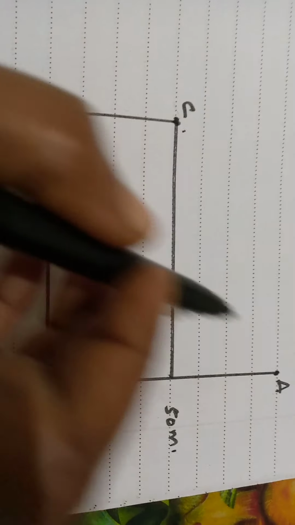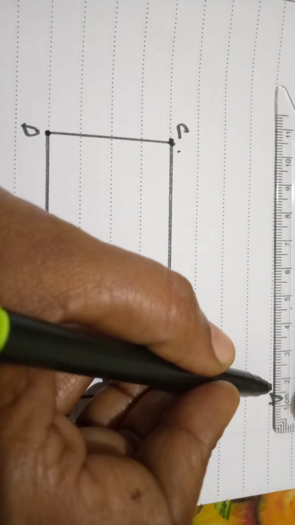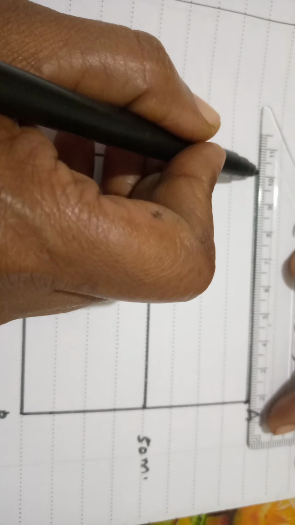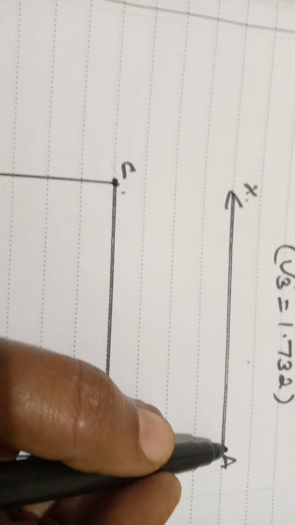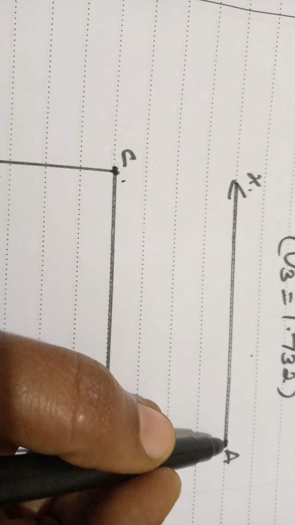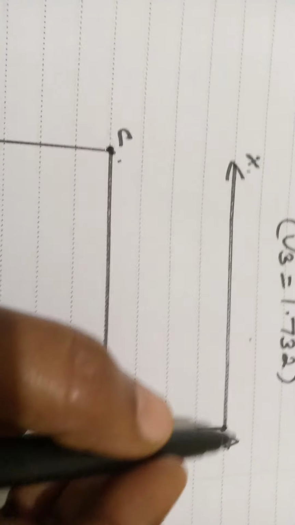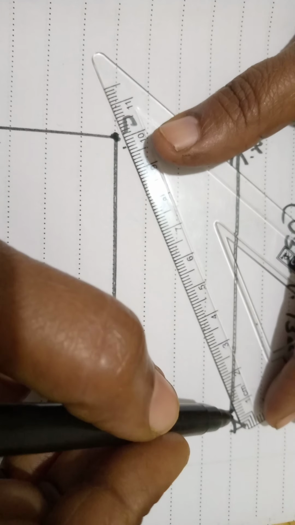From the top we have to draw the horizontal line. Angle of depression given means horizontal line we have to draw. Name this one X. Now line of sight: through this point A we have to draw the line of sight of the top of this tree as well as the bottom of this tree. Let's draw the line of sight.